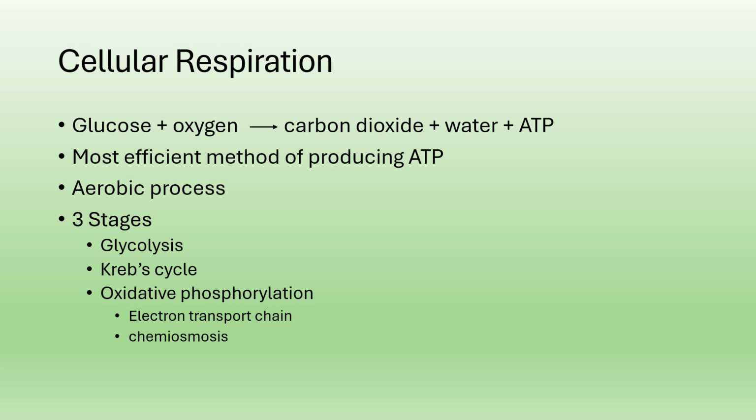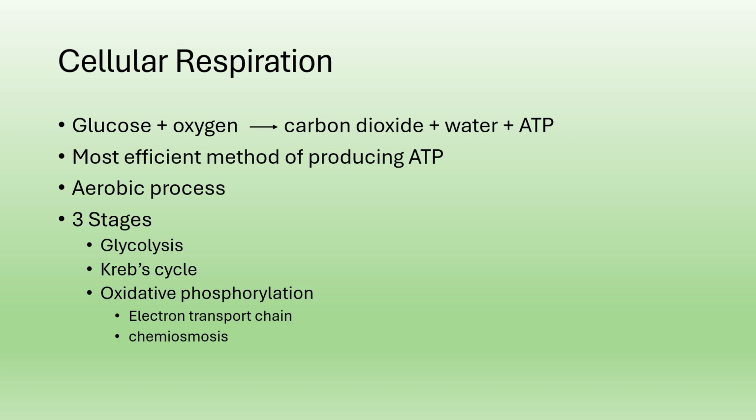What cellular respiration is referring to is you are taking glucose, which is a carbohydrate, it's a sugar. You require oxygen. You're going to break that glucose down, and you're going to form carbon dioxide, which is CO2. You're going to form water, and you're going to form ATP.